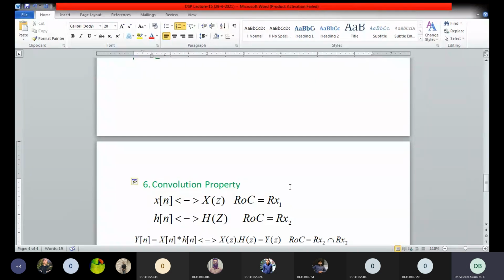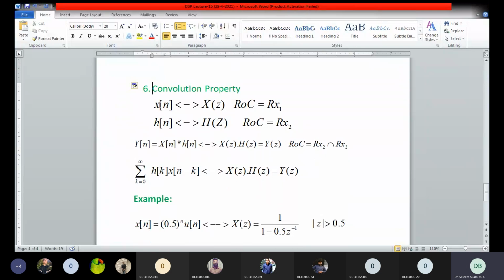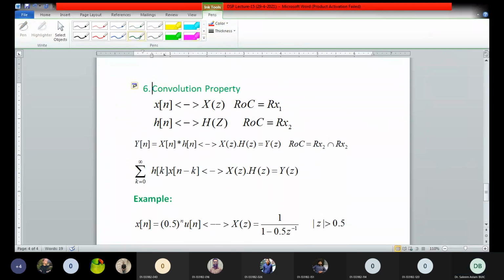We are already convinced through DTFT properties that convolution in time domain is multiplication in frequency domain and vice versa. So you can understand the convolution property easily.